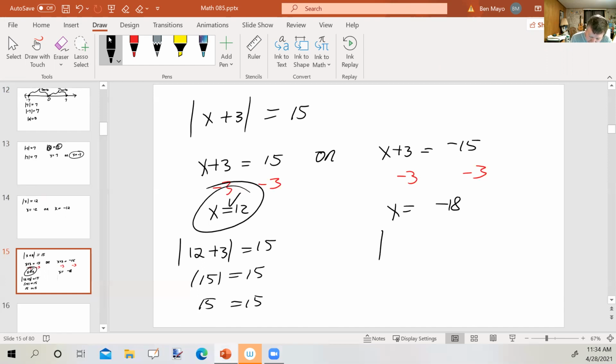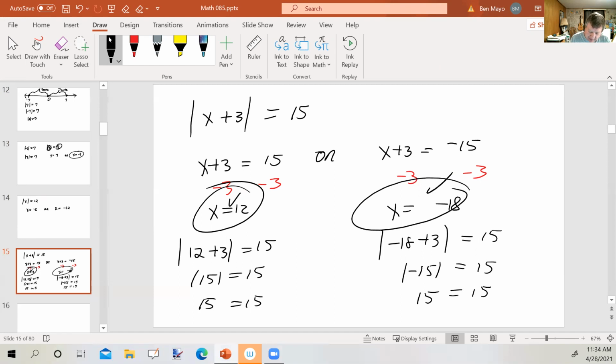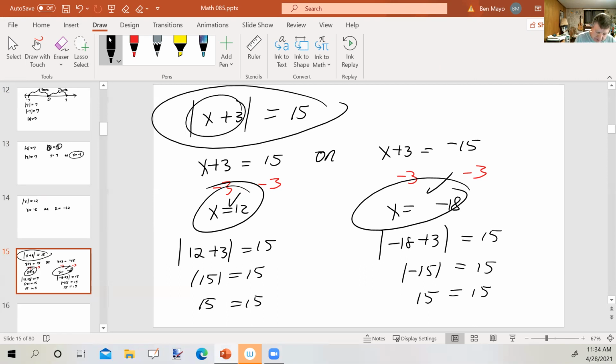Well, plugging that in, we'd get the absolute value of -18 plus 3 equals 15, but -18 plus 3 is -15, and the absolute value of -15 is 15. So once again, we get 15 equals 15, and the second solution checks. So this absolute value equation has two solutions. What's inside equals what's outside. What's inside equals the opposite of what's outside.